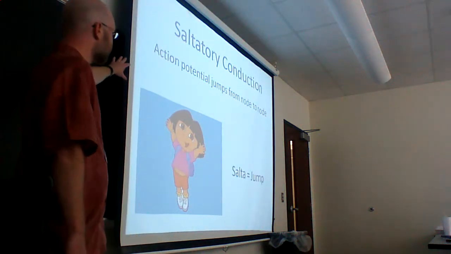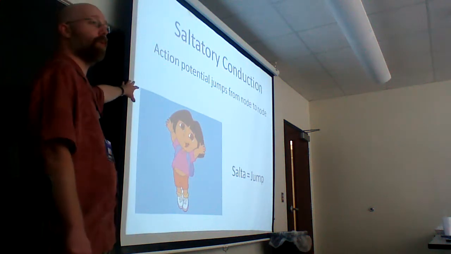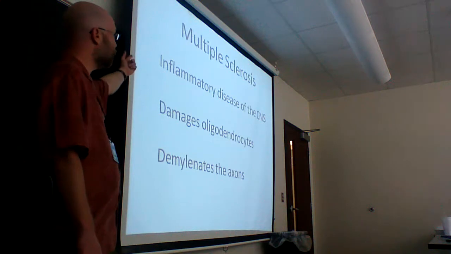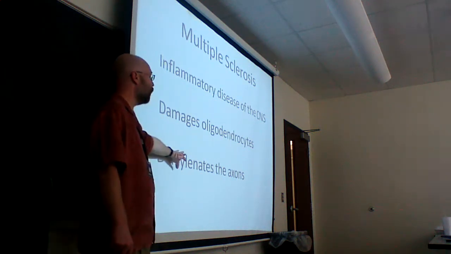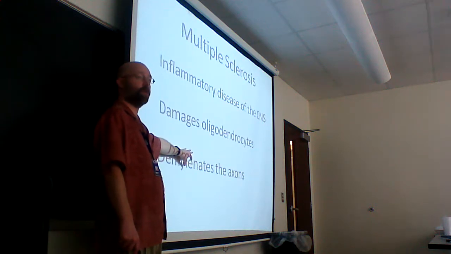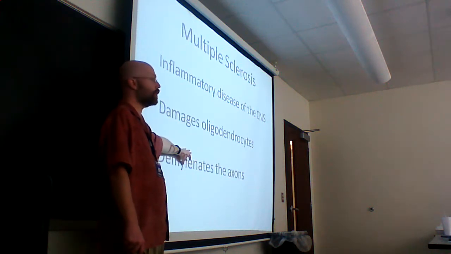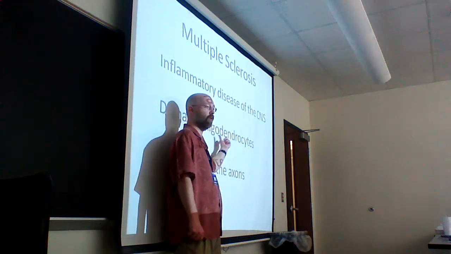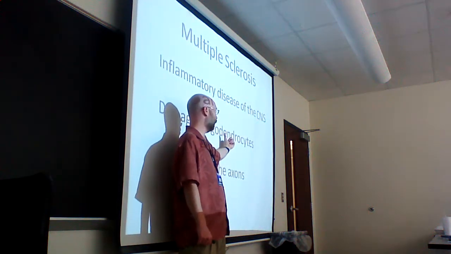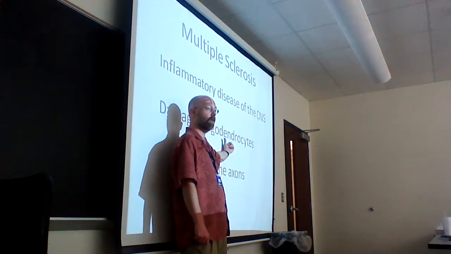All right. Very important. Multiple sclerosis demyelinates a lot of the axons within the central nervous system. Slows down communication. It's damaging the myelinating cell within the central nervous system, this big long thing called an oligodendrocyte.